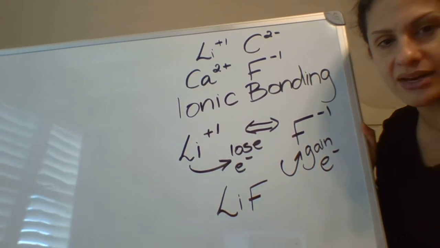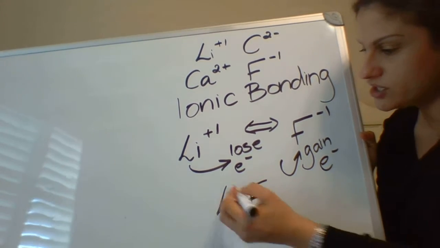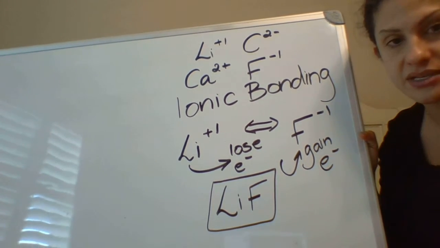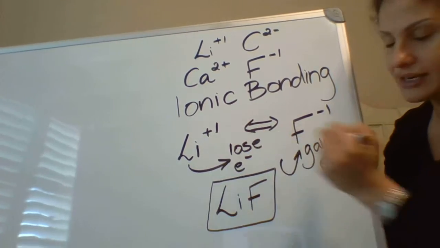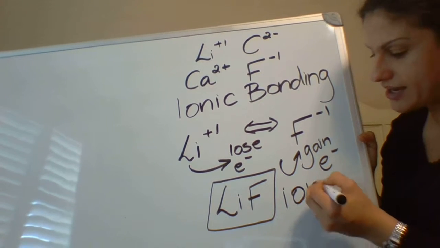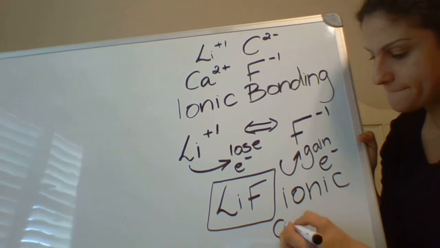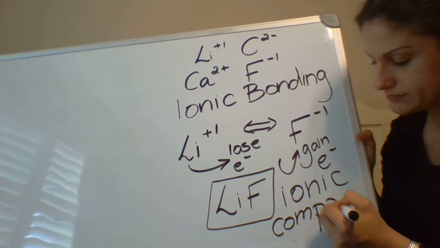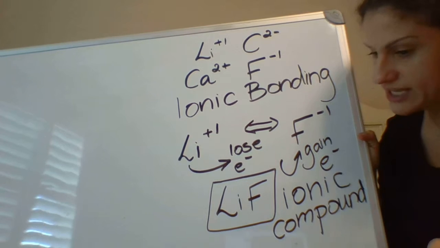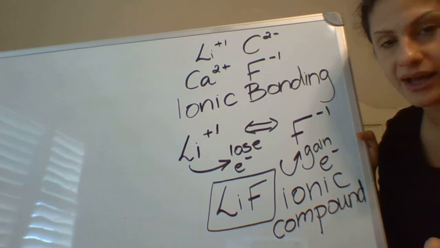And we're going to talk about naming later. So this is the compound that forms through ionic bonding, and we call this an ionic compound.